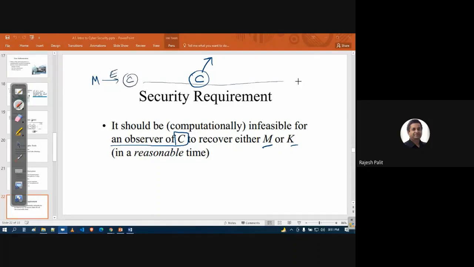The receiver, from C, will produce M using the decryption process.